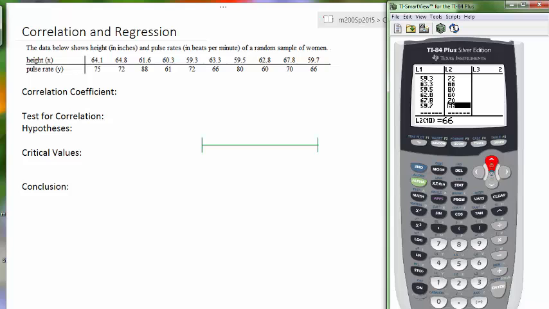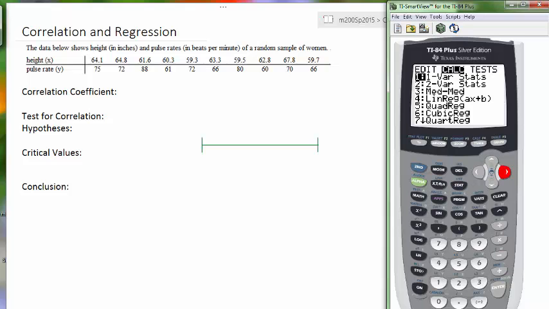Okay, now we will go into the Stat button again. And this time we're going to go to Test, and then we're going to select linreg t-test.